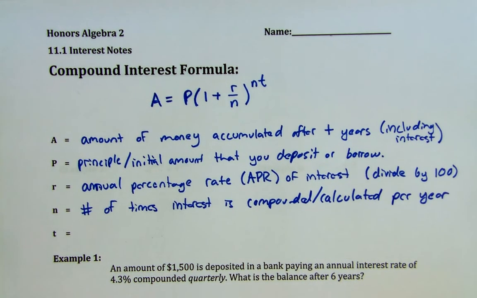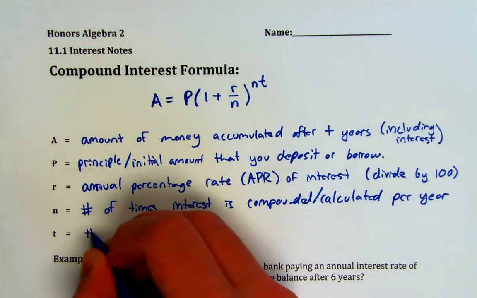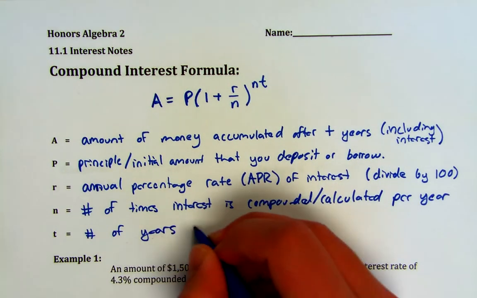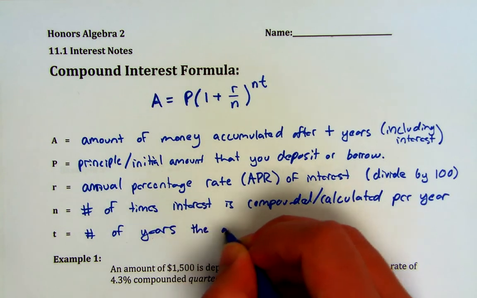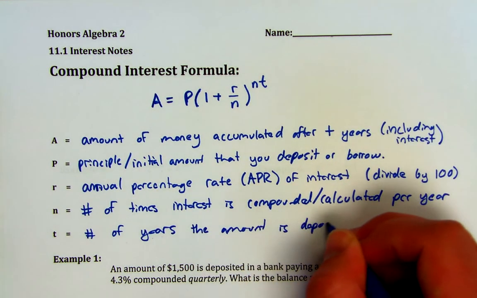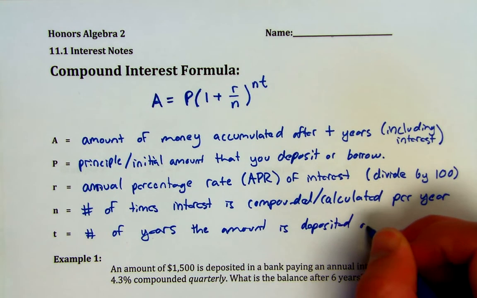And finally, T is the number of years the amount is deposited or borrowed.